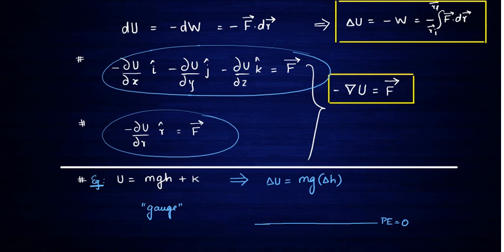So the 0 potential energy position is the position above which the potential energy will increase as far as gravitational field of Earth is concerned, uniform field g is concerned, and below which the value of potential energy will decrease. So we can always arbitrarily choose the value of 0 potential energy or potential energy's reference point. That can always be arbitrarily chosen.